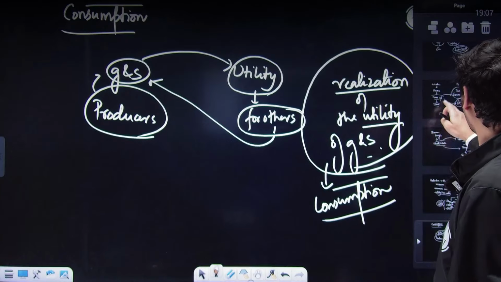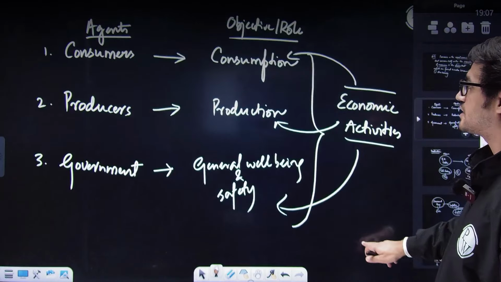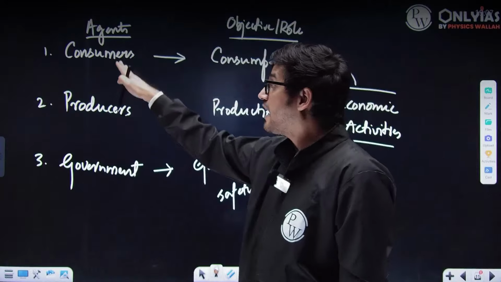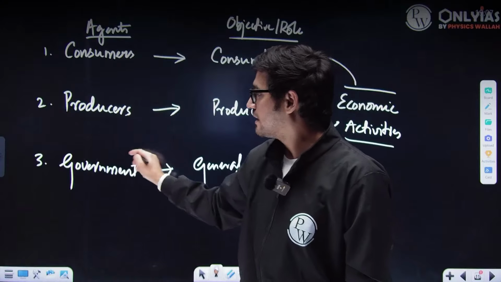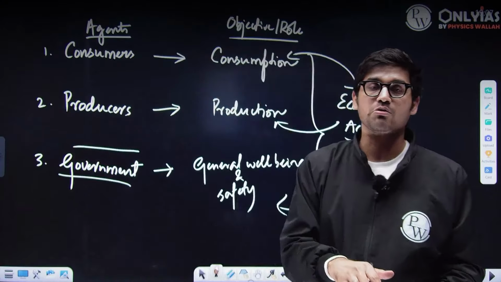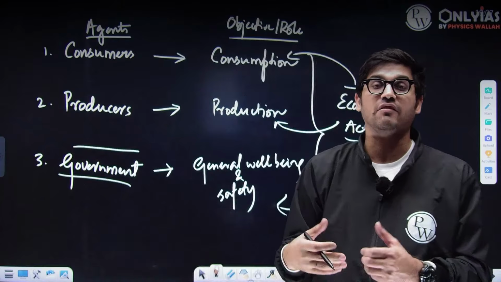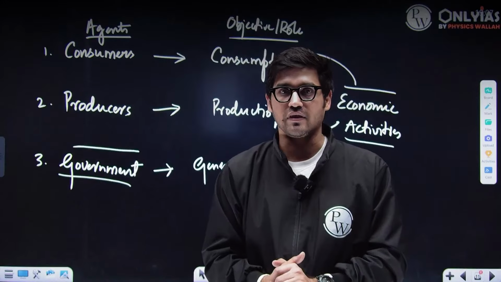Now, we'll go back to our definition, which is there are economic agents, consumers and producers. Government can be both a producer as well as a consumer. For example, government produces safety as a service.